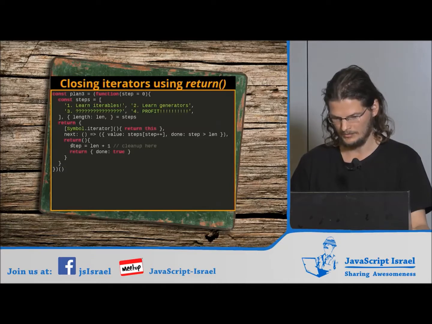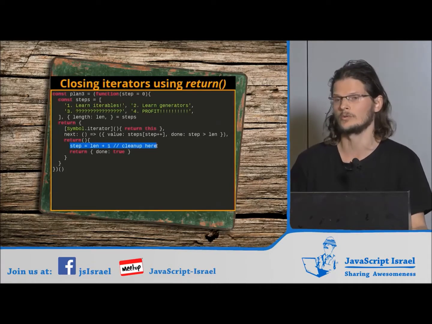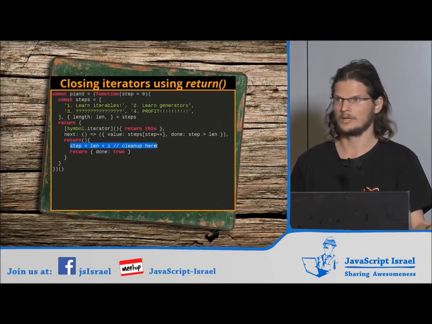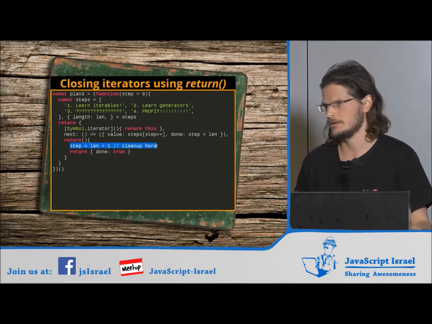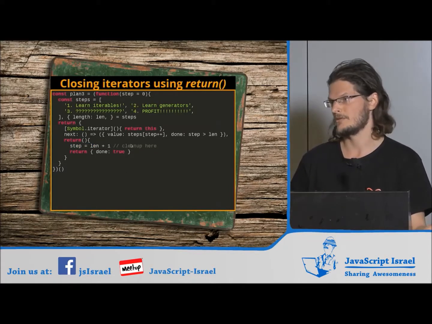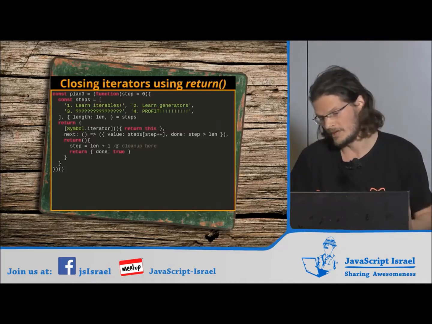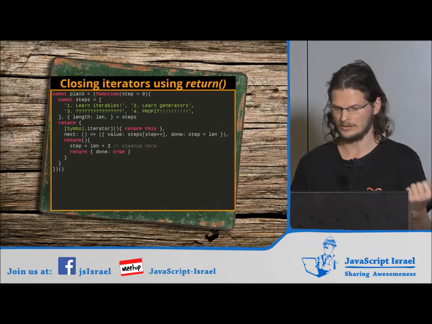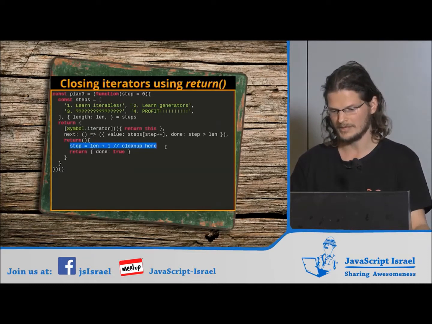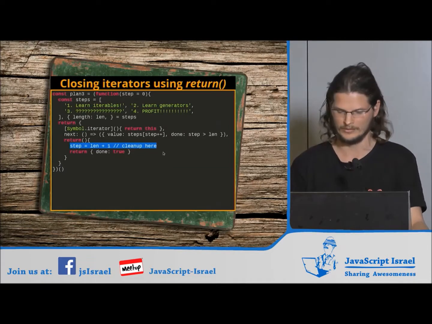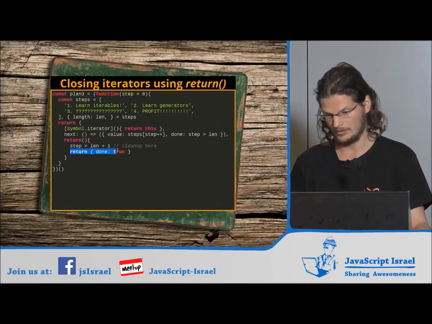This is where, in real code, for instance, I'm reading or writing a bunch of files and an exception happened, or I'm reading from the network and the network stopped responding, or an error gets thrown, or maybe it's a user input. Something abrupt terminates the iteration. So this is where I clean up. This is where I close all of my file handlers, or connections, and then I return done true.